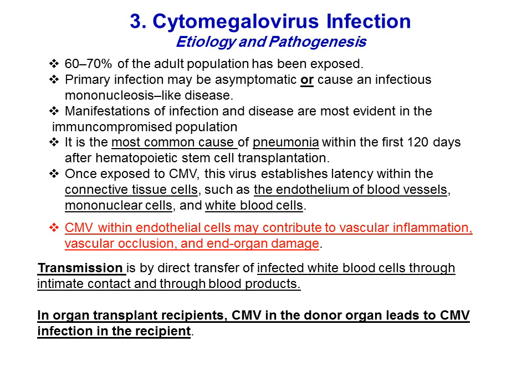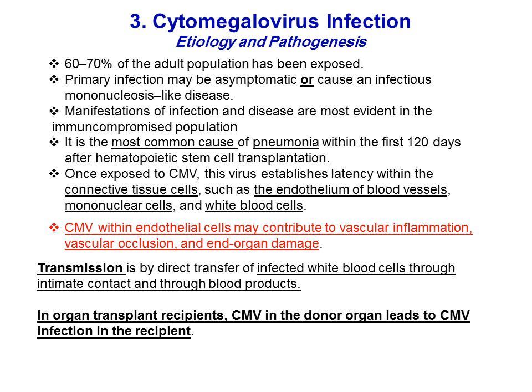A primary infection of cytomegalovirus may be asymptomatic or may present like a mononucleosis-like disease. The manifestation of the infection is more severe in immunocompromised patients compared to immunocompetent patients.